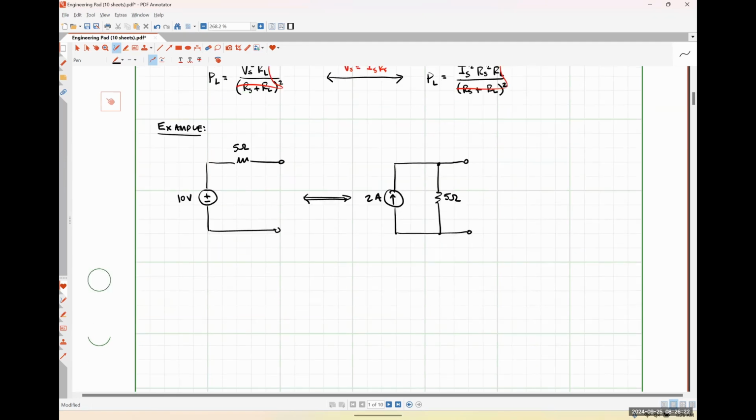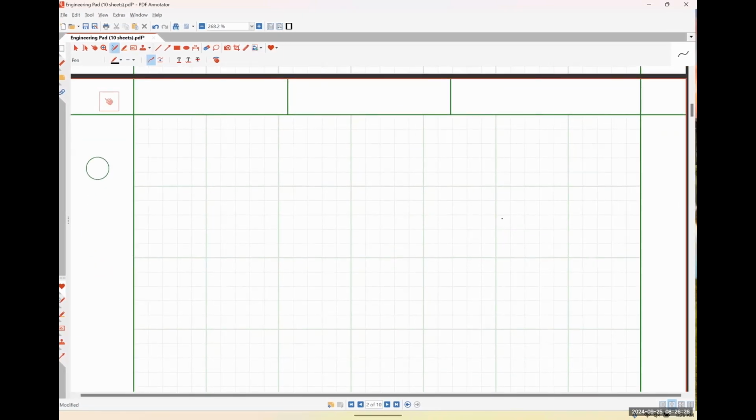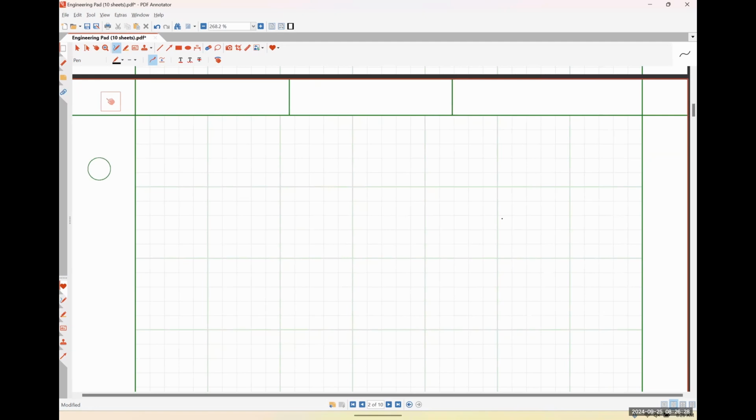Fantastic question. So why do we care about this ability to transform sources? Very reasonable question. So let me make something up here.